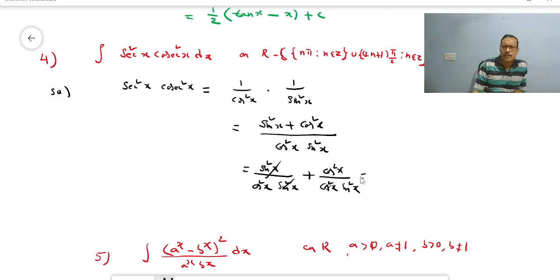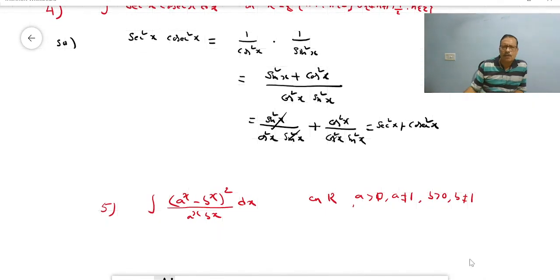1 by cos square x, that is secant square x. The 1 by sin square x is cosecant square x. So now integral of secant square x into cosecant square x dx, this is equal to integral of secant square x plus cosecant square x dx.